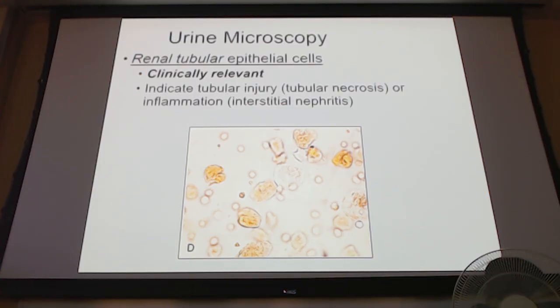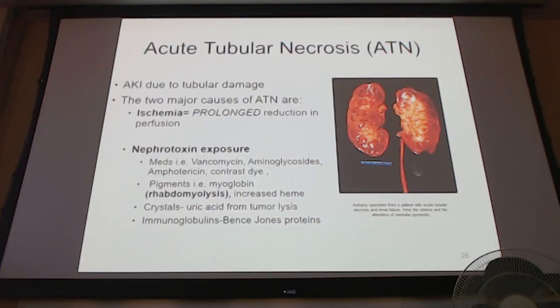It's going to tell you. Okay? So don't worry about looking at micrographs and saying, okay, well, that's what a muddy brown cast looks like. That's what a hyaline cast looks like. You're not going to be asked to identify those things. Rhabdo.